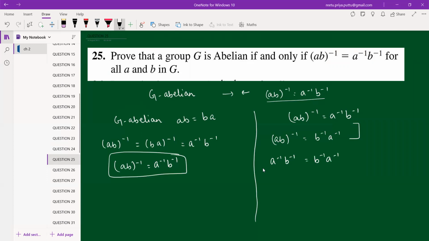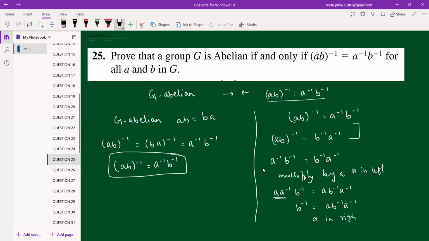Now I will multiply by A on my left. So A inverse B inverse becomes A times B inverse A inverse, and these two give you identity, so B inverse is equal to A B inverse A inverse. Now again, I will multiply by A on my right.